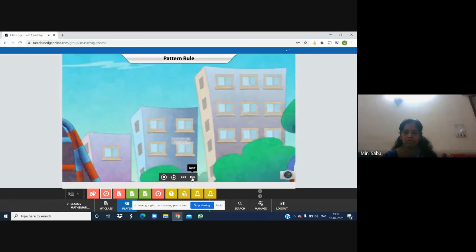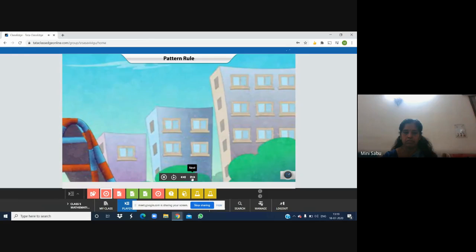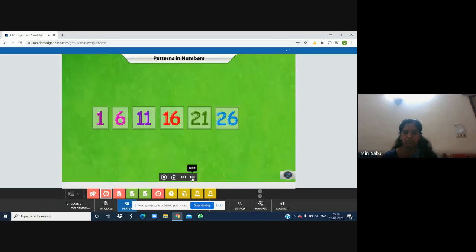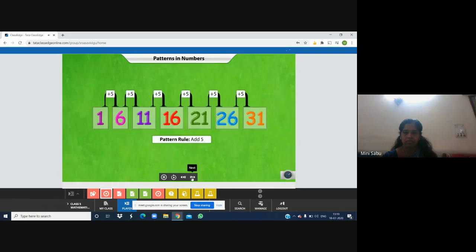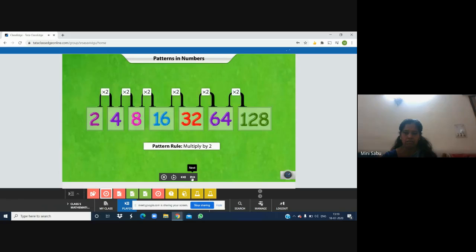Well, you've got to think harder. I'm not telling you the answer for this one. Numbers can also have interesting patterns. In this set of numbers, 5 is added each time to obtain the next number in the set. Here's another set of numbers. In this set, the pattern is formed by multiplying the last number by 2 each time.